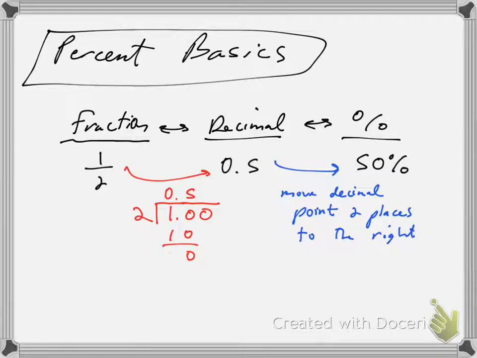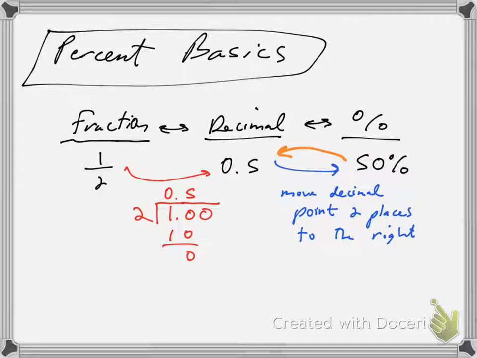So that would be 1, 2. I need to add a 0 to hold that place. That's how I get the 50%. So obviously, if I wanted to go backwards, if I had a percent and wanted to move it to decimal, I've got to move the decimal point 2 places to the left because I'm now going backwards.